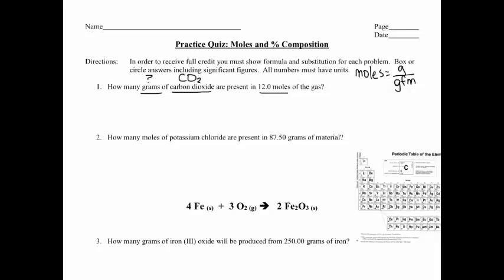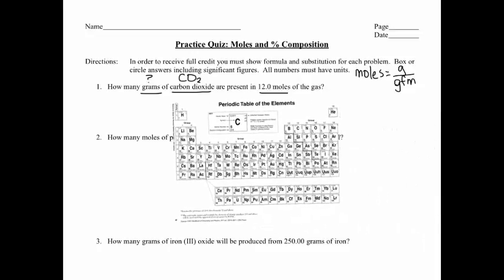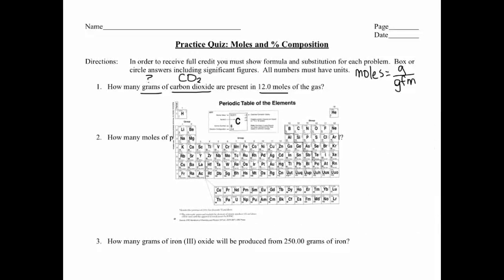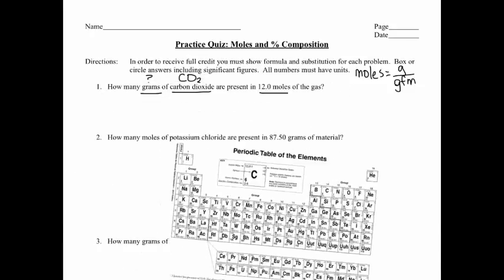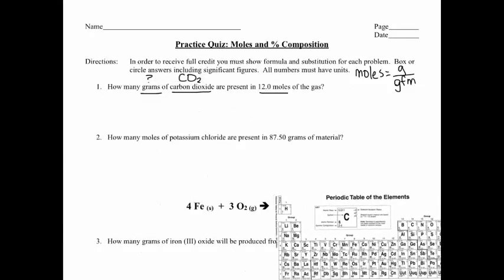So in order to do that, we're going to need our periodic table. Carbon is right here, and I need to zoom in more for myself. The mass of carbon is 12.01. Remember, we always round to 2 decimal places. And then oxygen, when we round that to 2 decimal places, becomes 16.00. So I'm going to tuck that away.